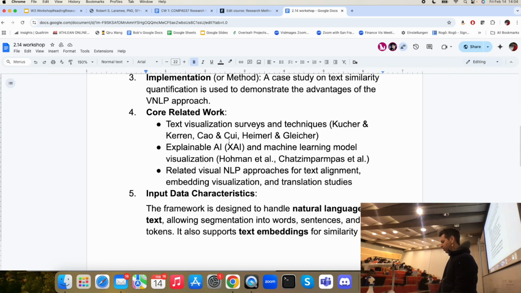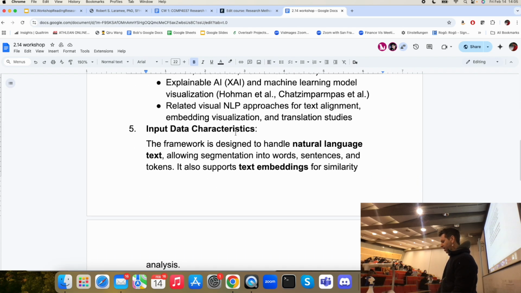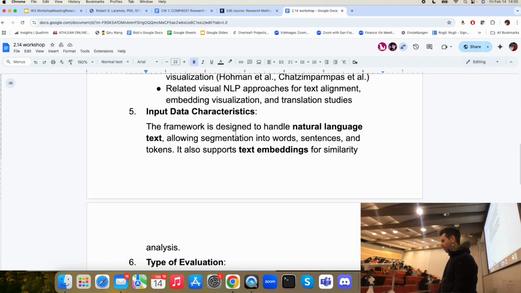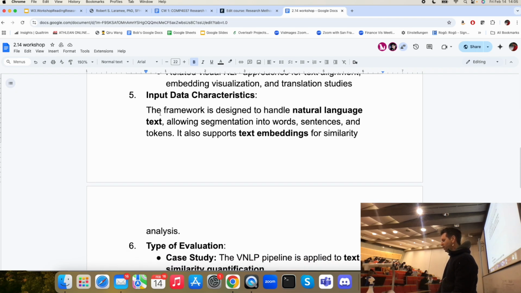But these are good. This is a good description of the core related work. Input data characteristics. Yes. Natural language text. That's right. You only need that. The framework is designed to handle natural language text. You don't need the rest of this.